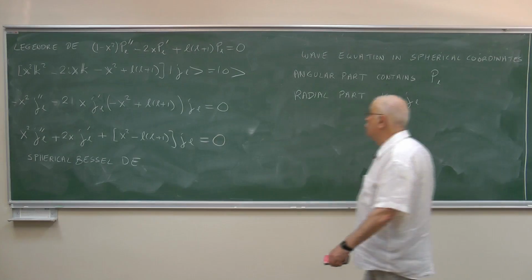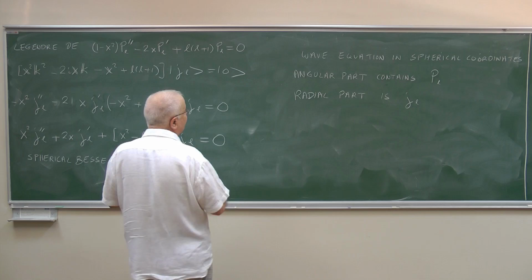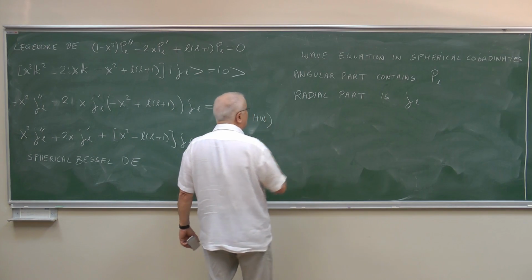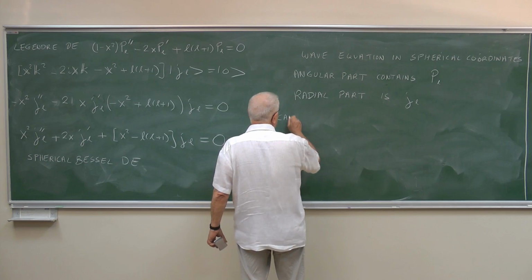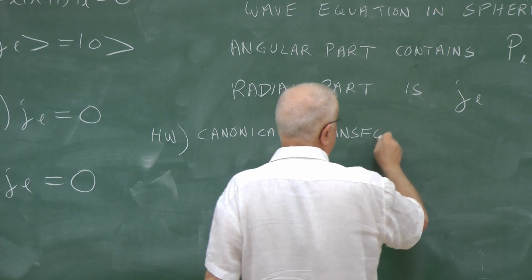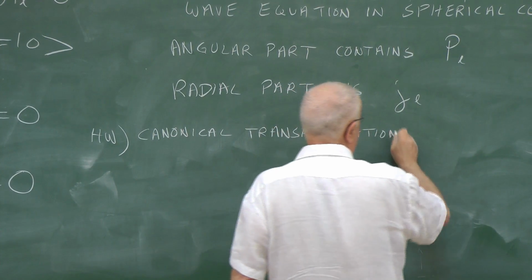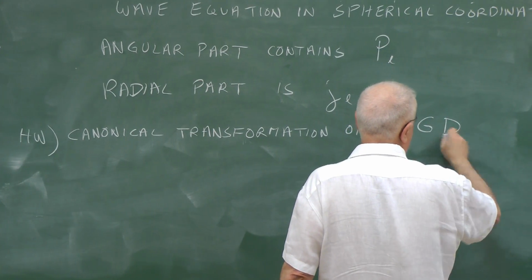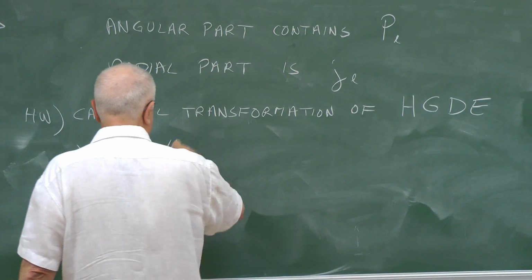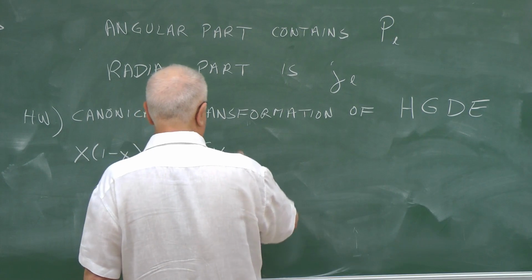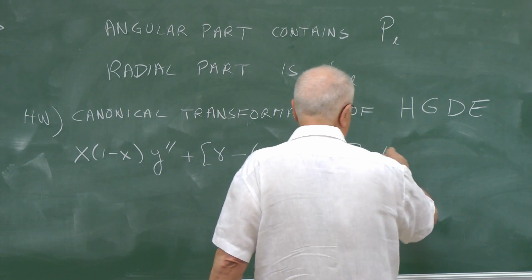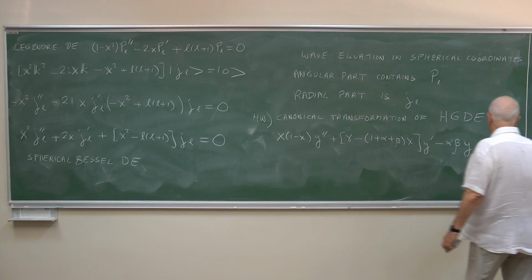Now, to really test ourselves, if we have understood every little detail, a very comprehensive homework problem would be the canonical transformation of the hypergeometric differential equation, which is x times 1 minus x, y double prime, plus square parenthesis gamma minus 1 plus alpha plus beta x, y prime, minus alpha beta y equals 0.